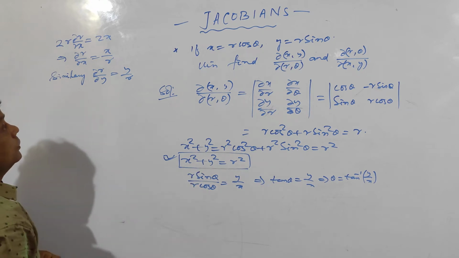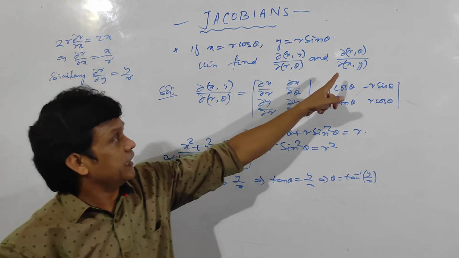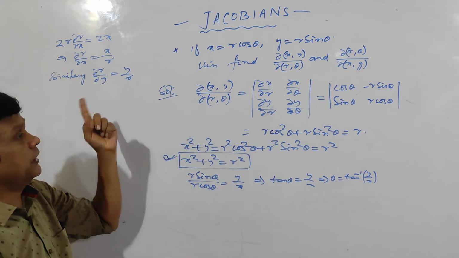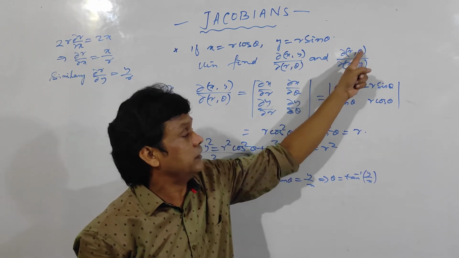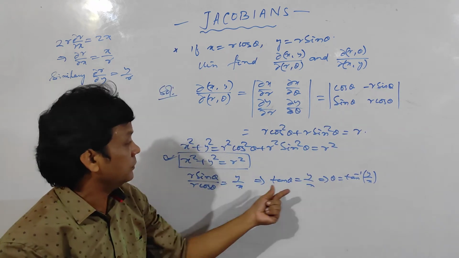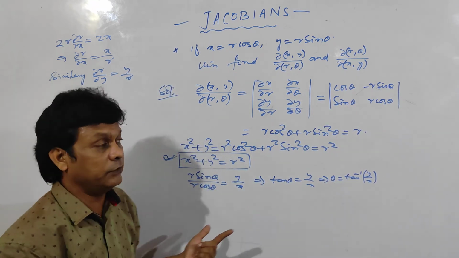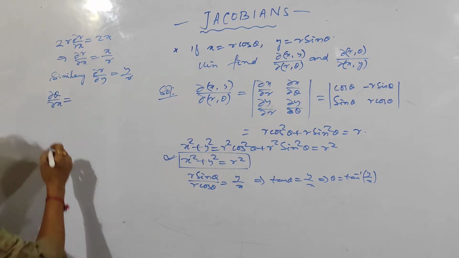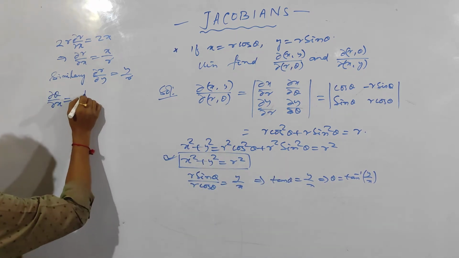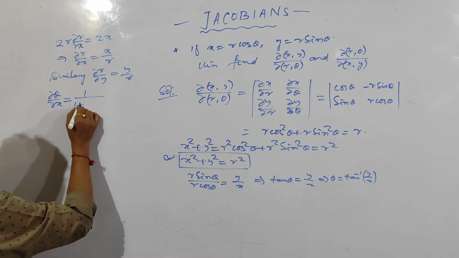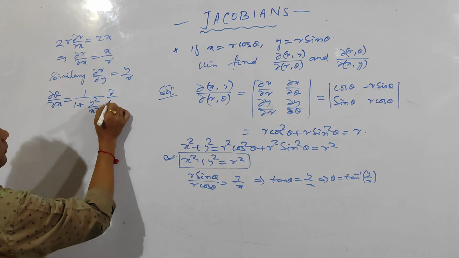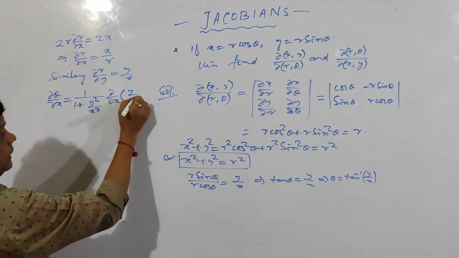Here? So again, in the second case, you will get del r by del x, del r by del y, and del theta by del x, del theta by del y. So you want to find out derivative of theta with respect to x and derivative of theta with respect to y. So del theta by del x, tell me, tan inverse u, 1 by 1 plus u square, that means 1 by 1 plus y square by x square into derivative with respect to x of y by x.